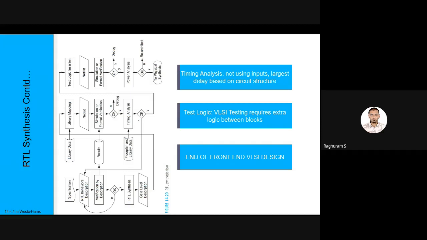Based on the structure of the circuit, suppose there are 100 paths between input and output. So input 1 through some 25 gates might produce output 5. Input 2 through some 25 gates might produce output 7, and so on and so forth. Many paths are there, right? So what this timing analysis tool does, it doesn't naively give inputs and produce output. First it finds out what are all the paths between input and output, and say it finds out that there are some 1 lakh paths.